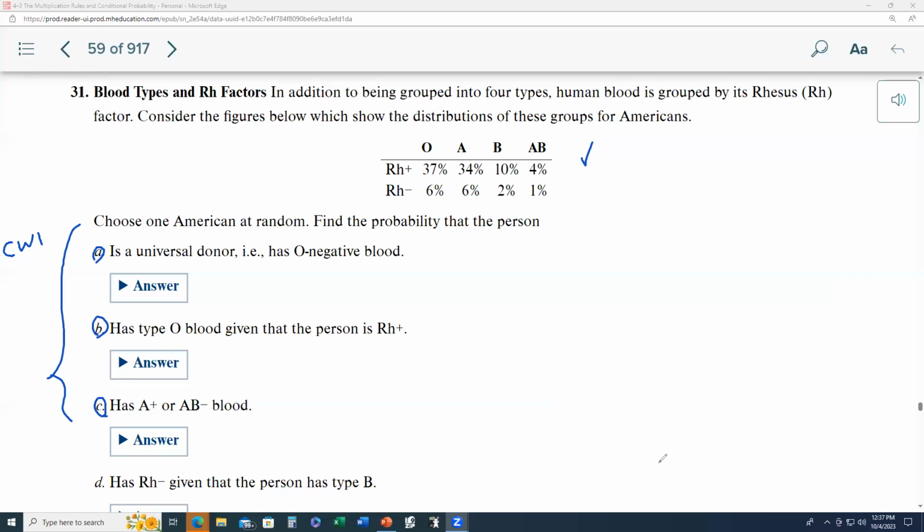So again, we're doing 31 A, B, and C for classwork 1 here, given this table regarding blood types.